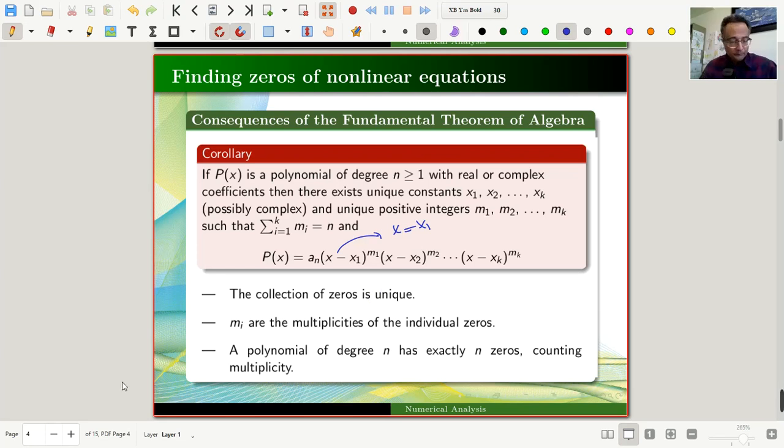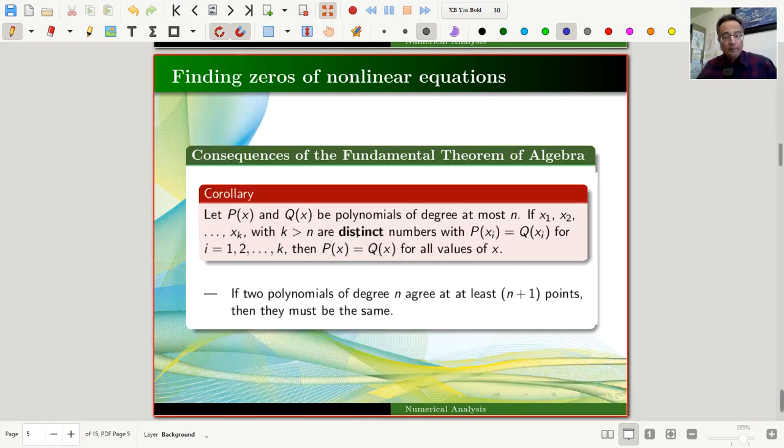But now we want to find the roots of the polynomial with Newton method, so we need a new technique to compute p of x and p prime of x.